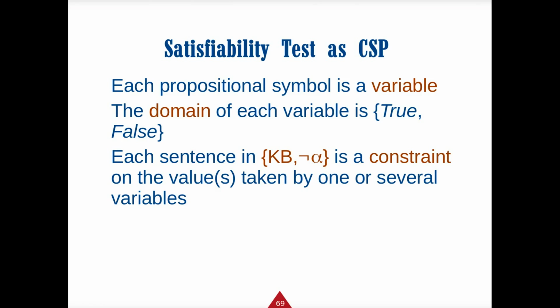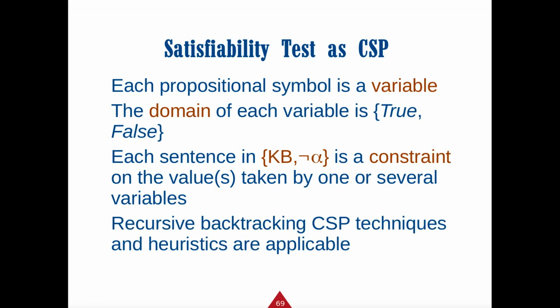With a knowledge base and an arbitrary sentence, you can do a satisfiability test. So we're building from the last lesson on CSPs as one of the ways to prove things from a knowledge base. Then you use recursive backtracking CSP techniques and heuristics when applicable for the satisfiability test.